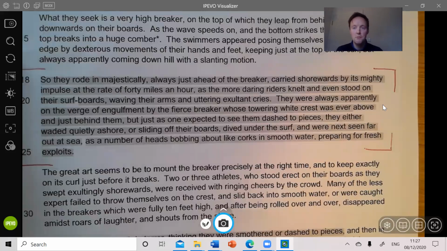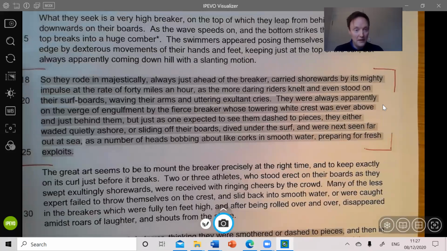So they rode in majestically, always just ahead of the breaker, carried shorewards by its mighty impulse at the rate of 40 miles an hour, as the more daring riders knelt and even stood on their surfboards, waving their arms and uttering exultant cries.